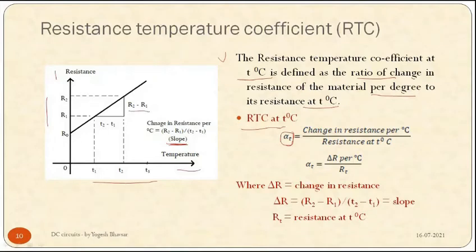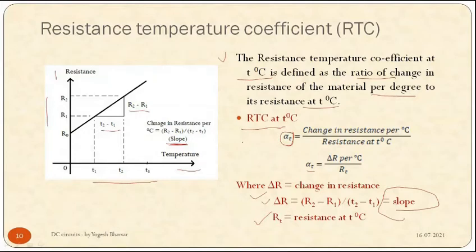Change in resistance R2 minus R1 per degree Celsius, T2 minus T1, is the slope. So alpha T is equal to delta R per degree Celsius divided by RT, the resistance at T degree Celsius, and delta R is R2 minus R1 divided by T2 minus T1, the slope of the curve.